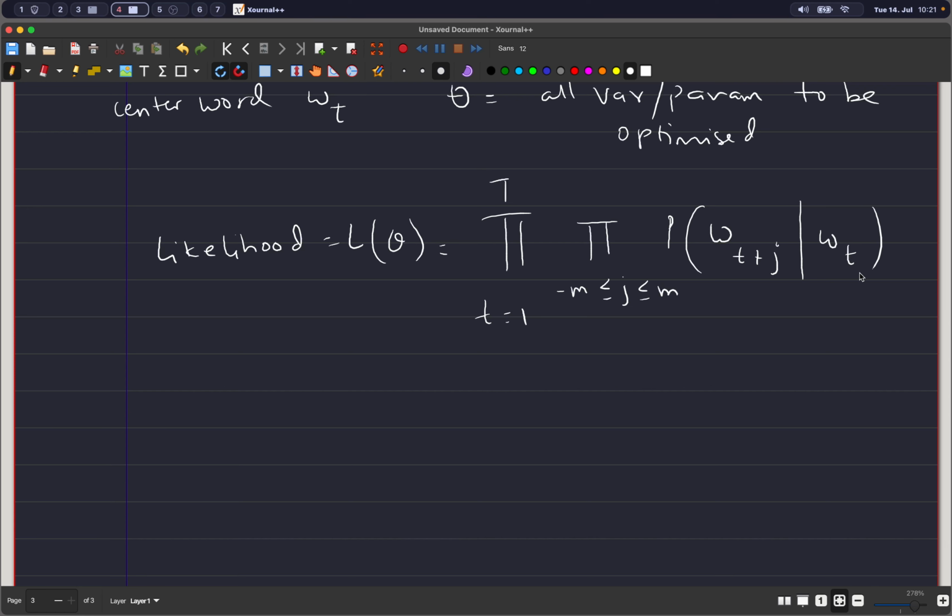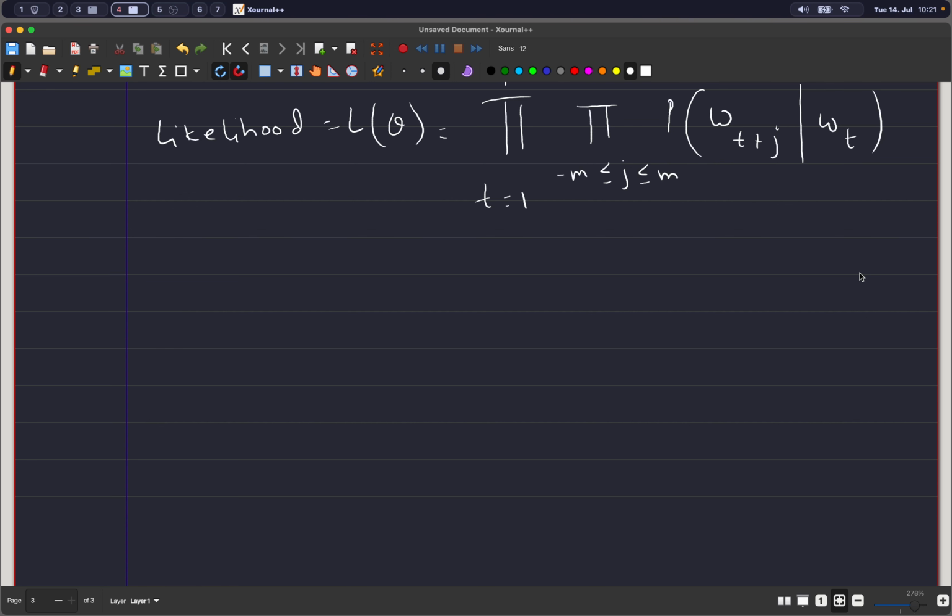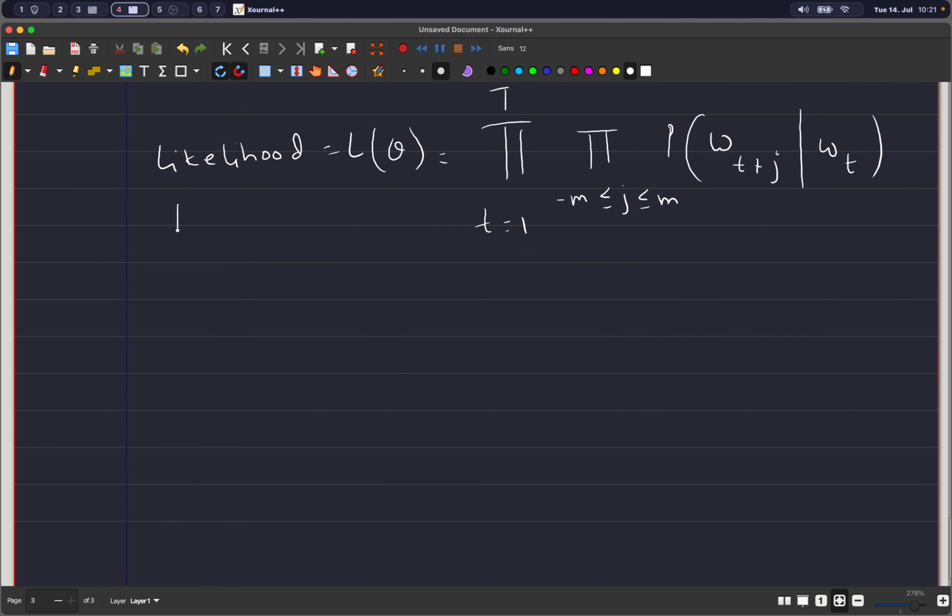We are just multiplying all the probabilities together, and the higher it is, the higher the likelihood of the data. Our goal is to maximize this, but optimization algorithms like gradient descent work well with minimization, not maximization. So we want to minimize the negative likelihood.